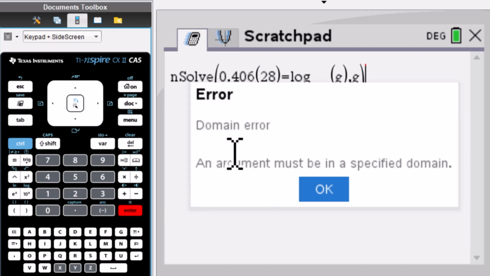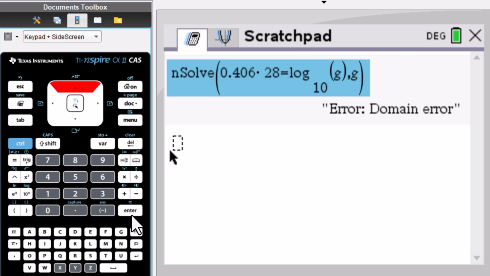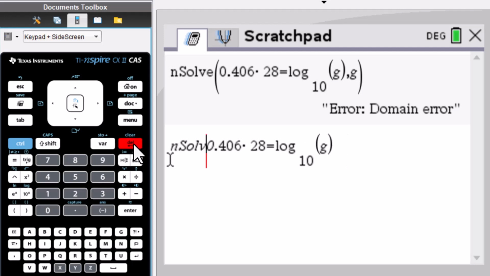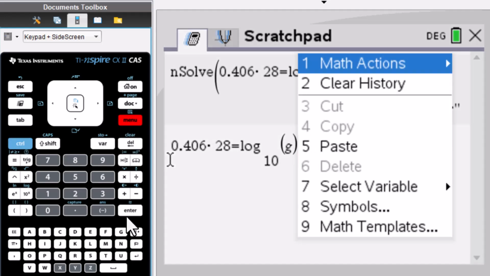You could see domain error. In this case, you need to put a value for lower bound and upper bound. Go up, enter. Delete extra stuff. Only leave the equation. Control menu.